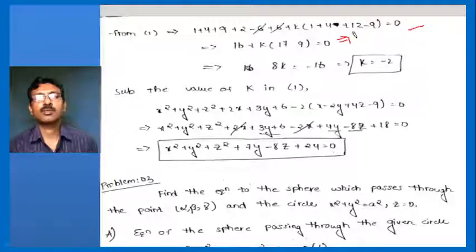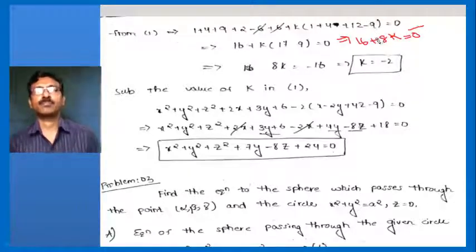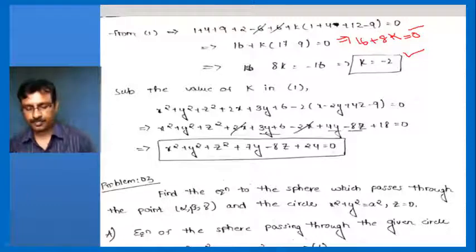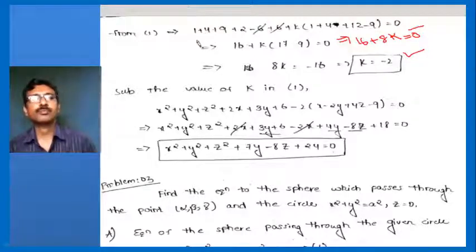Here it is 16 plus 8k equal to 0. Then 8k equal to minus 16, then k equal to minus 2. Substitute the k value in the equation 1.